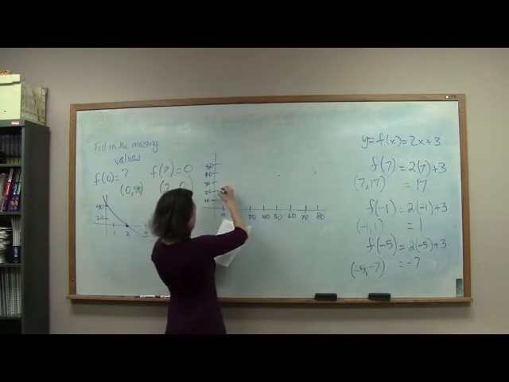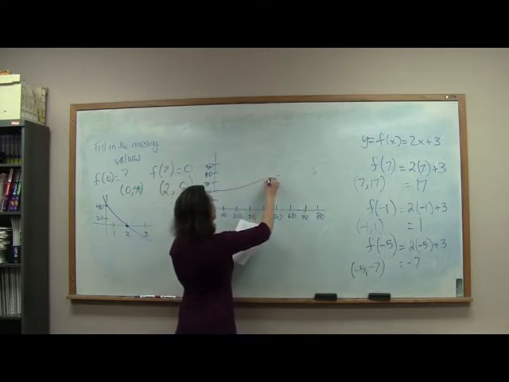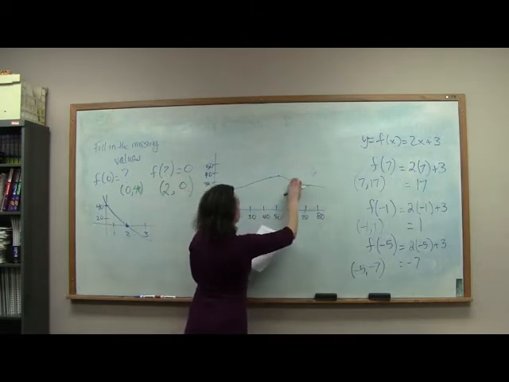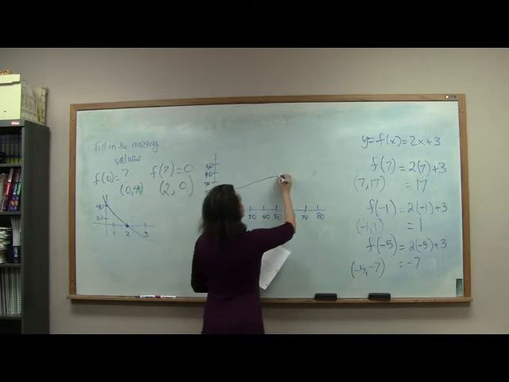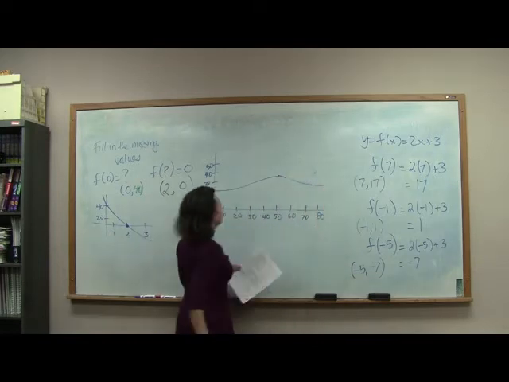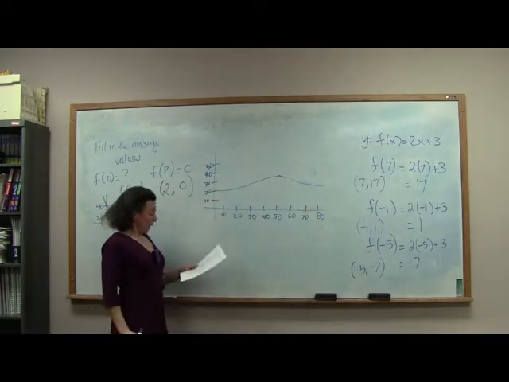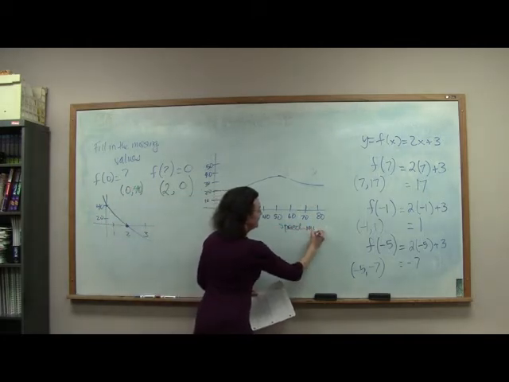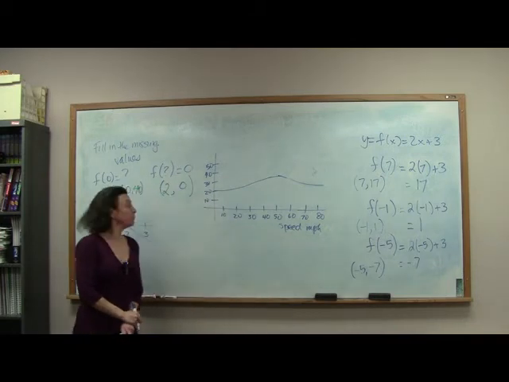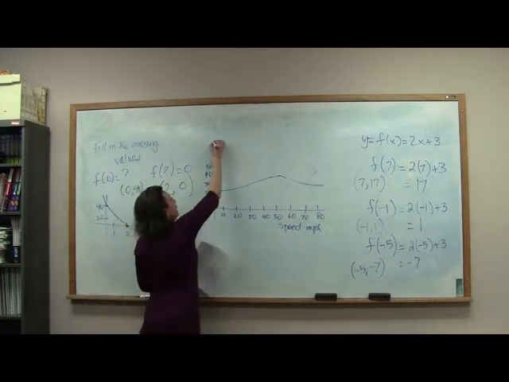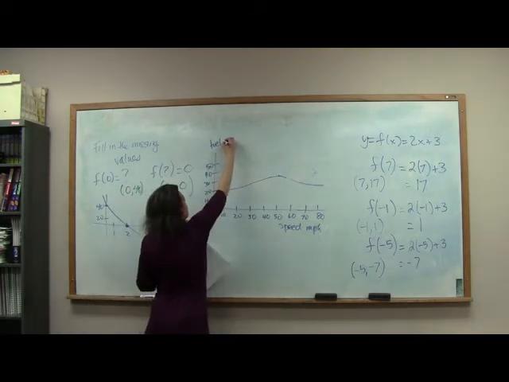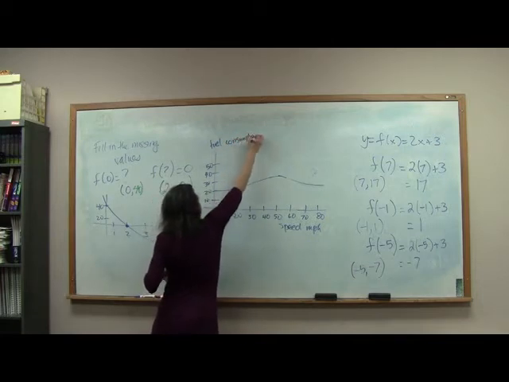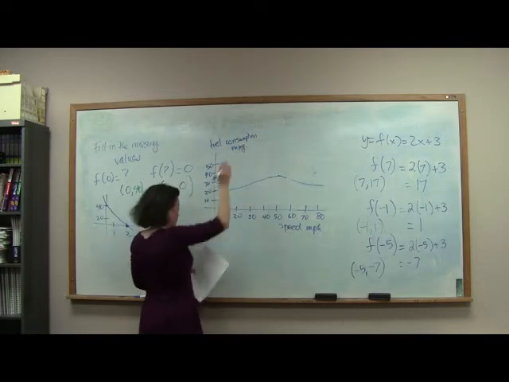Let me just go down a little bit. There we go. All right, now what this shows is the following. This axis here is our speed in miles per hour, and this axis is our fuel consumption in miles per gallon.